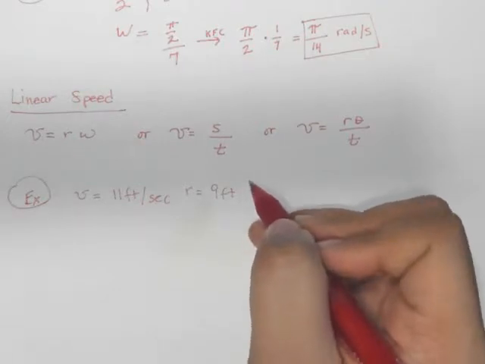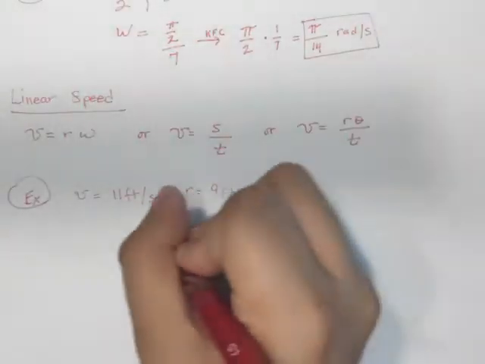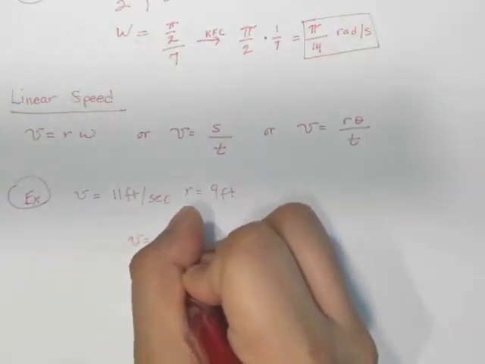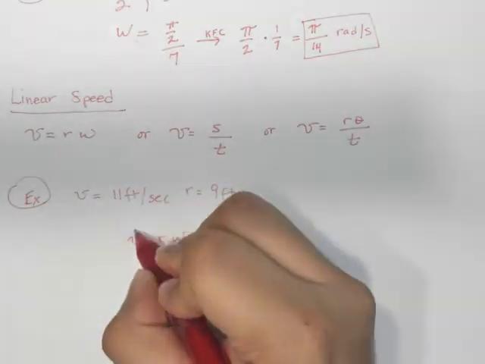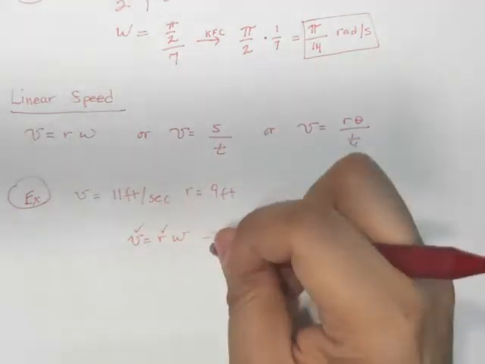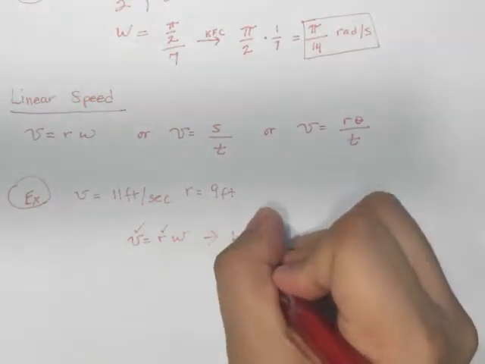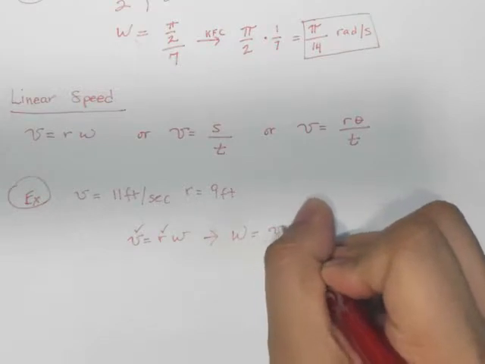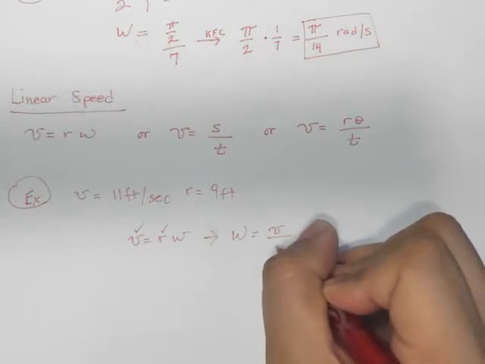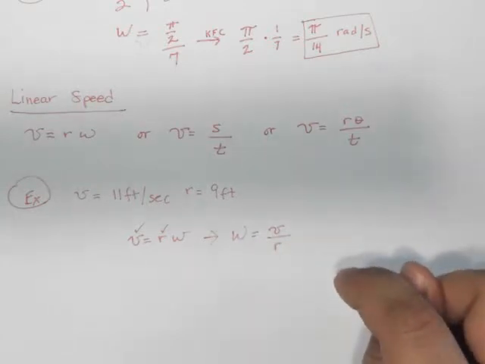I want to know, what is my angular speed? So how can I do that? Well, I know V equals R omega. I know V, I know R, so I'm going to have to manipulate the formula. Omega then is going to be the velocity, the linear speed, divided by the radius. So there's my omega.